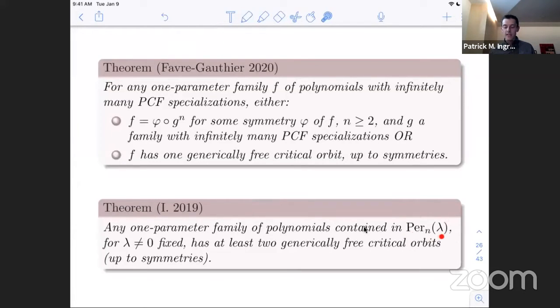If you look at the hypersurface pair n lambda in the space of polynomials of any degree, it's the same definition as for cubic polynomials, but it's in general a hypersurface. If you pick a curve in there, then this condition will be met as long as lambda is not 0. So you can generalize the previous statement about the curve pair n lambda for cubic polynomials to curves on the hypersurface pair n lambda for polynomials of an arbitrary degree.